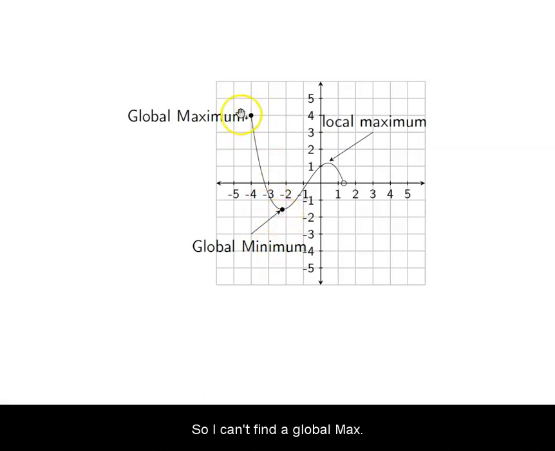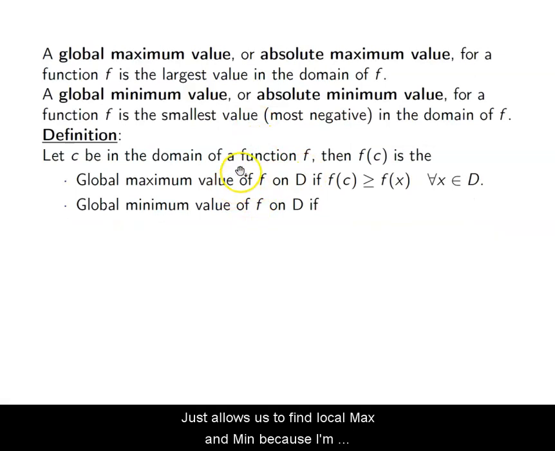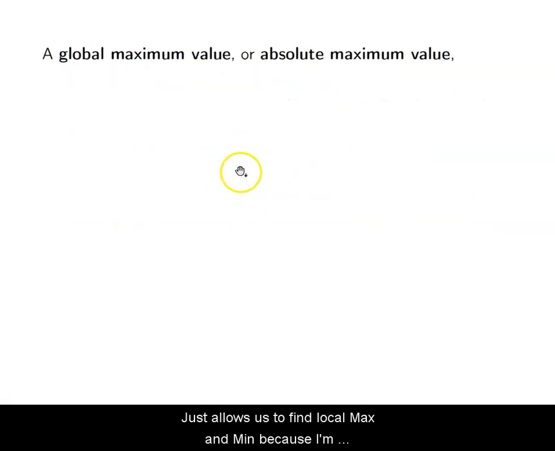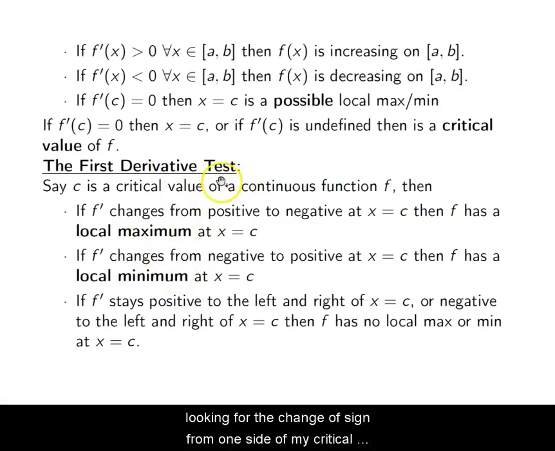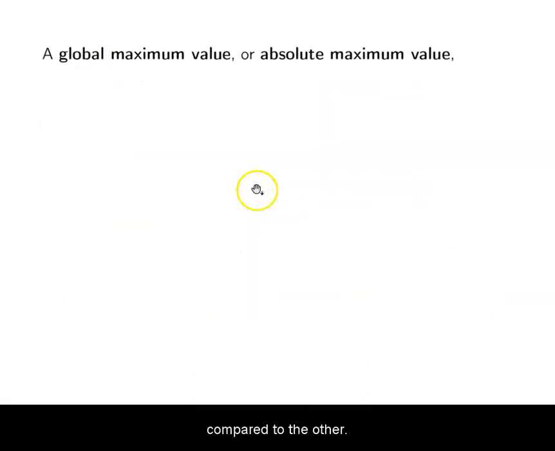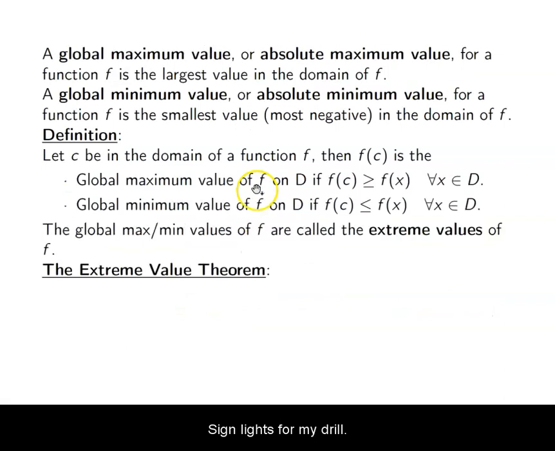So I can't find a global max like this one if its derivative is not 0, right? So the first derivative test just allows us to find local max and mins because I'm looking for the change of sign from one side of my critical value to the other, right? So I'm looking for when my derivative is 0 and then what's happening on one side compared to the other, right? Sign-wise for my derivative.